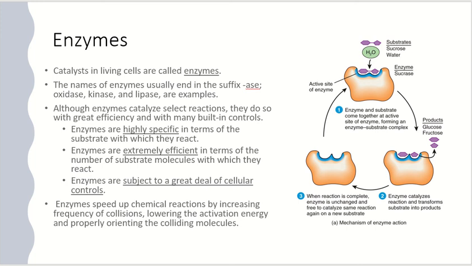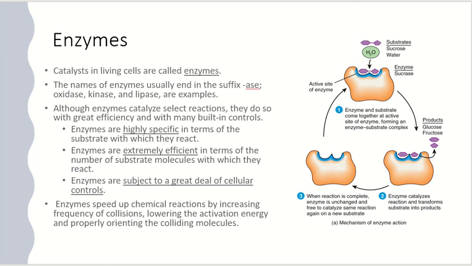They're helping to lower the activation energy that's needed to cause some sort of chemical reaction to occur, to produce energy a lot of times. Although enzymes catalyze selected reactions, they do so with great efficiency and with a whole lot of built-in controls. Otherwise, things would get out of control very quickly.